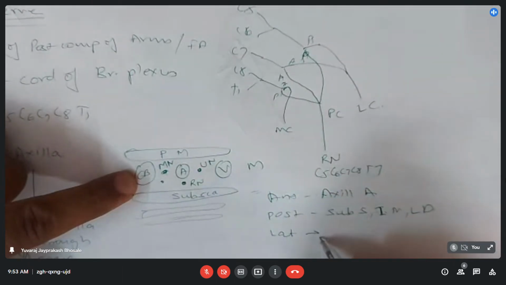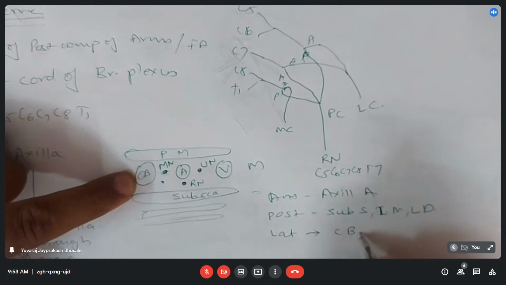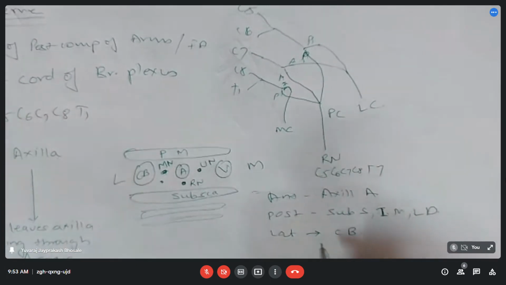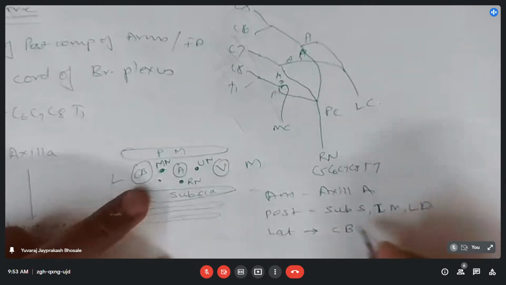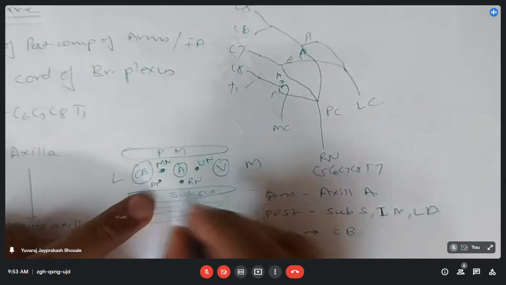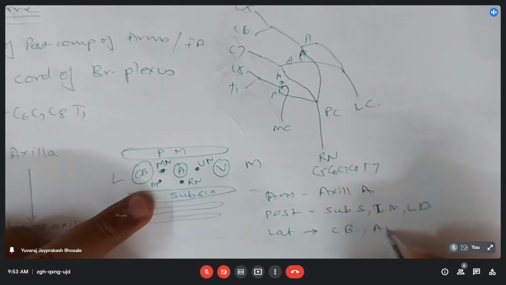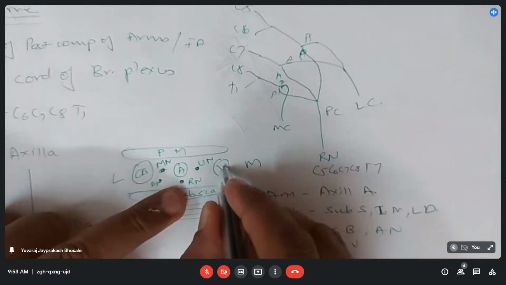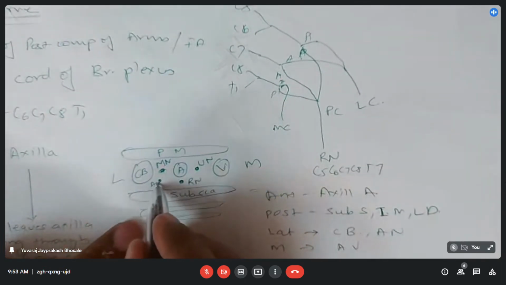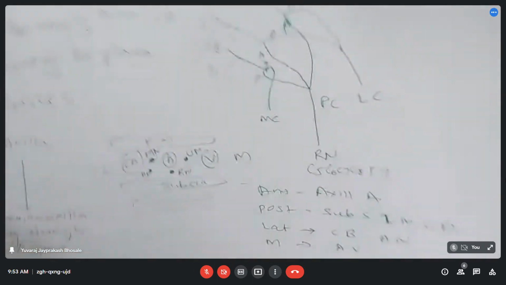So laterally is coracobrachialis and axillary nerve. Medially is the axillary vein. Okay.